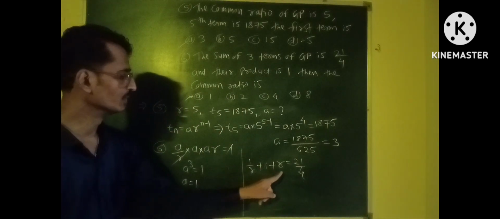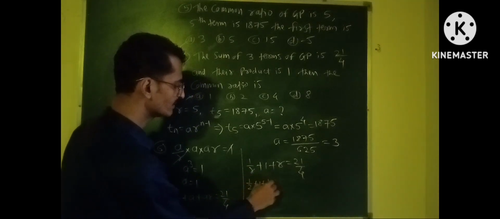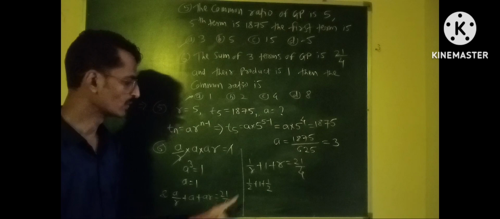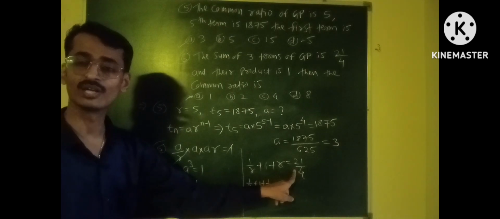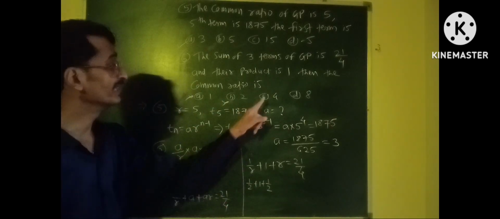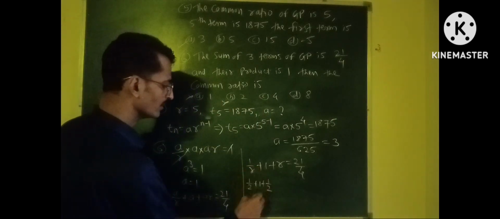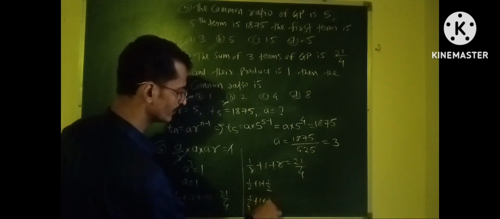Then r is 2: 1 by 2 plus 1 by 2 is 1, 1 plus 2 is 3, that is not 21 by 4 either, so this is not the answer. Okay, now next for 4. Here 1 by 4 plus 1 plus r is 4.